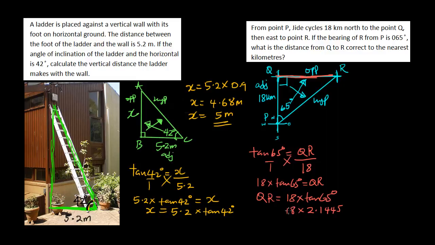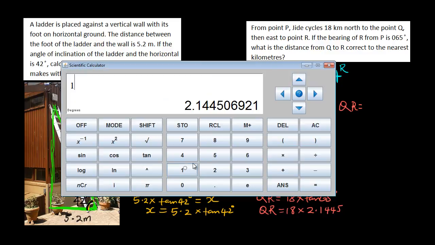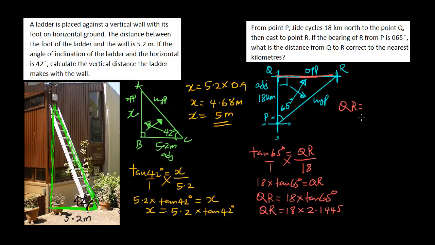You can use your tan table to find that, but since we have a calculator here, let's just use the calculator. So this is 18 times 2.1445, and this will give us 38.601.